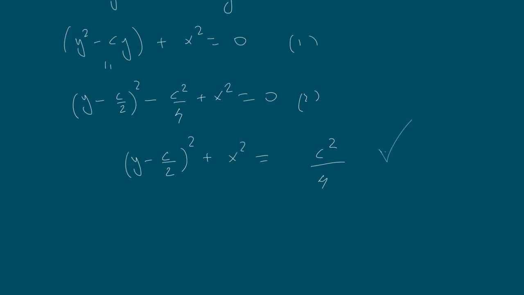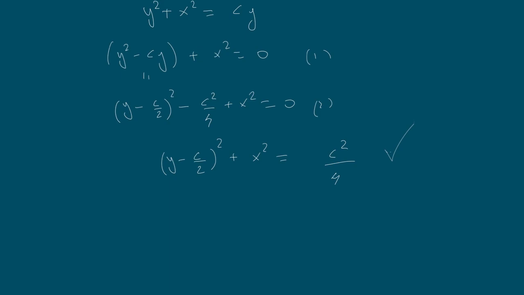This is the solution: circles with radius c divided by 2, and we need to write the solution in terms of the initial points. So if the initial point is x0, y0, it means that the point belongs to the solution.